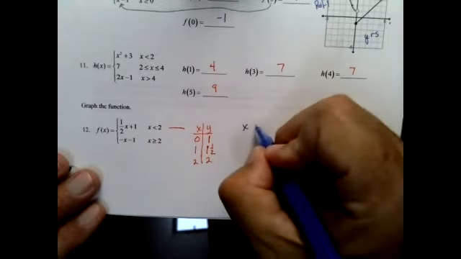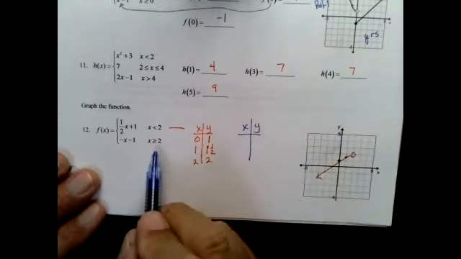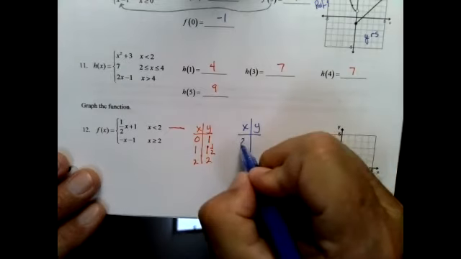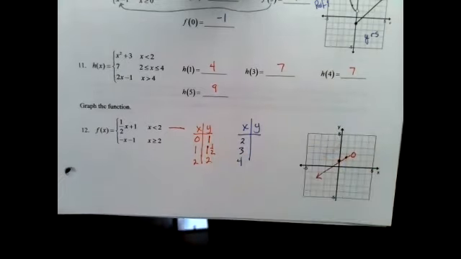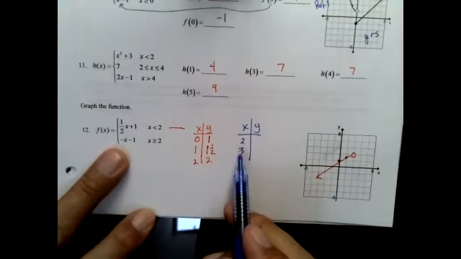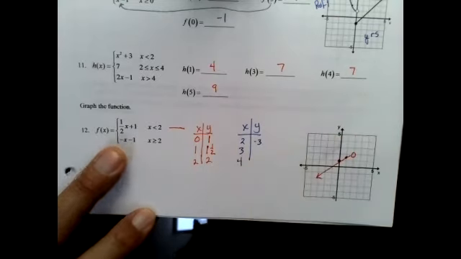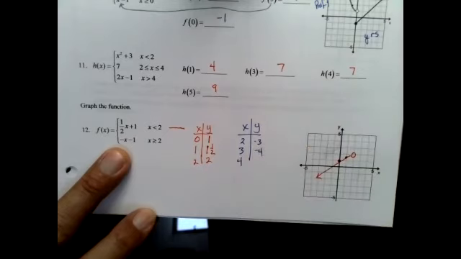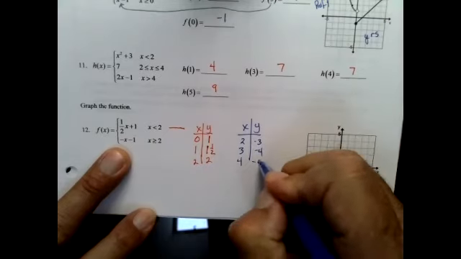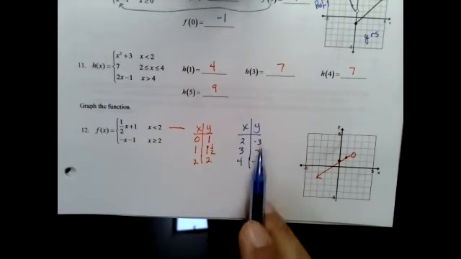Let's go blue. Values greater than or equal to 2: 2, 3, 4. I plug in 2, I get -3. I plug in 3, I get -4. This is a line, so it has a constant rate of change.